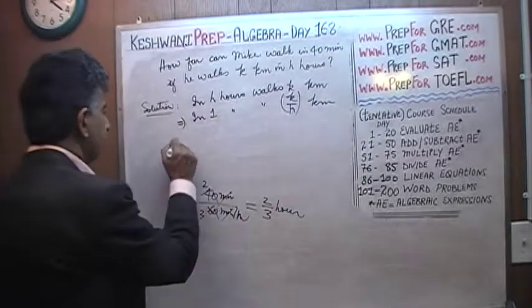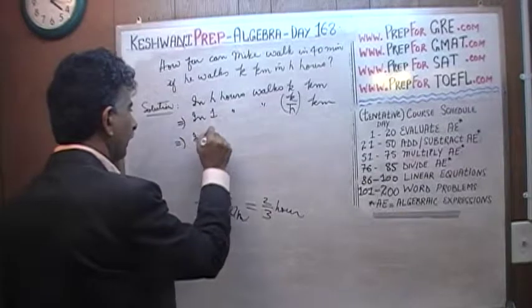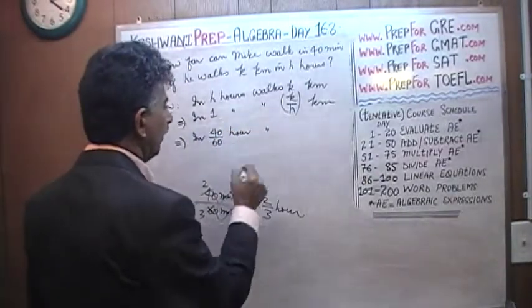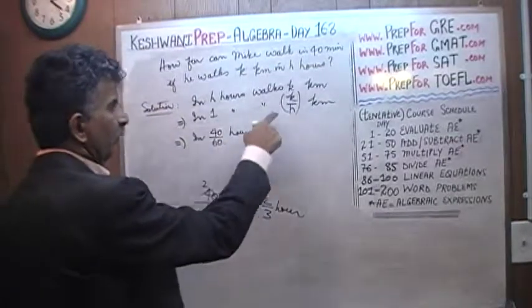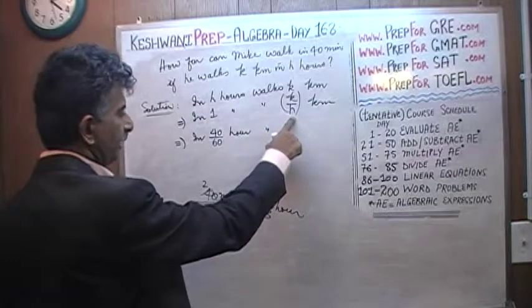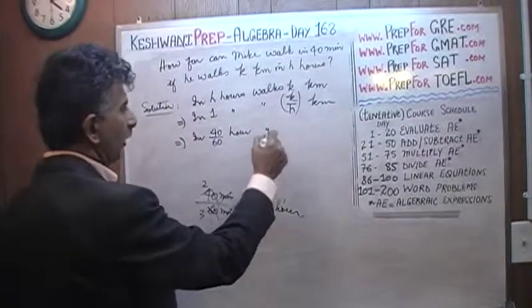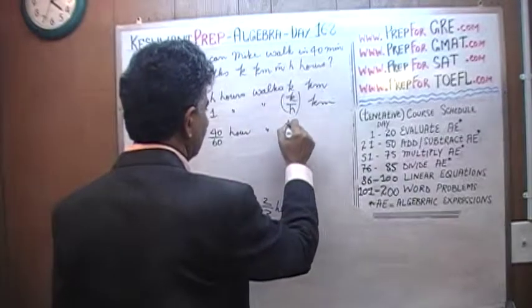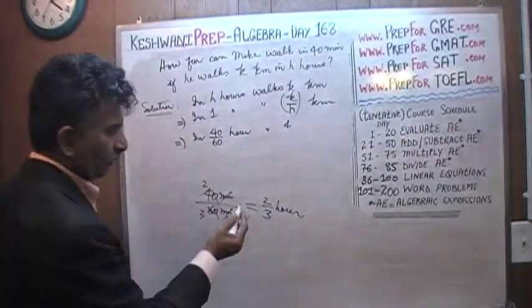So, in 40 over 60 hours, he will walk... In 1 hour he walks that much, therefore in 2 hours he's going to walk twice as much, in 3 hours he's going to walk 3 times as much, in this many hours he will walk this many times this many. 40 over 60, which we just saw, is 2/3.